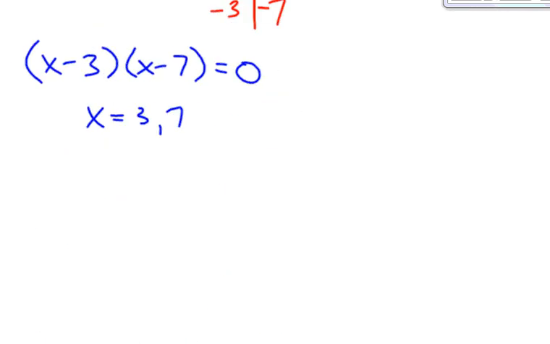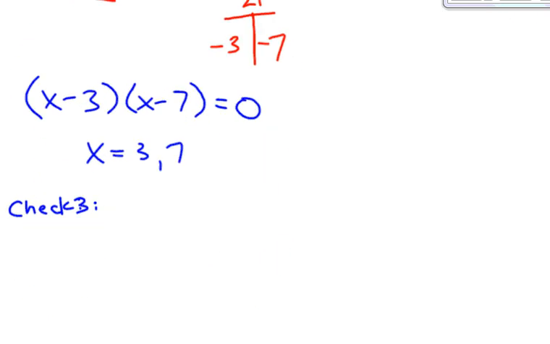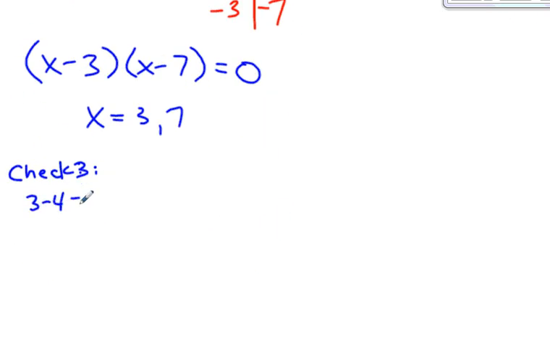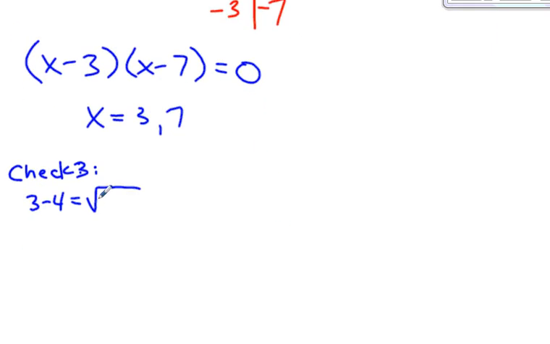Okay? So let's check 3. All right, so that would be 3 minus 4 equals the square root of 2 times 3 minus 5. Okay? So we have on the left 3 minus 4 is negative 1. I can go ahead and tell you if you have a negative equaling a square root, that's not going to work.